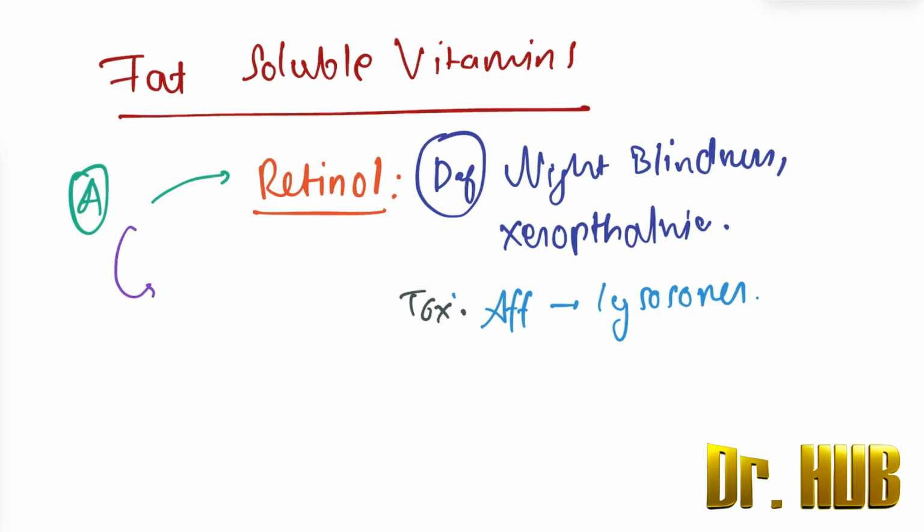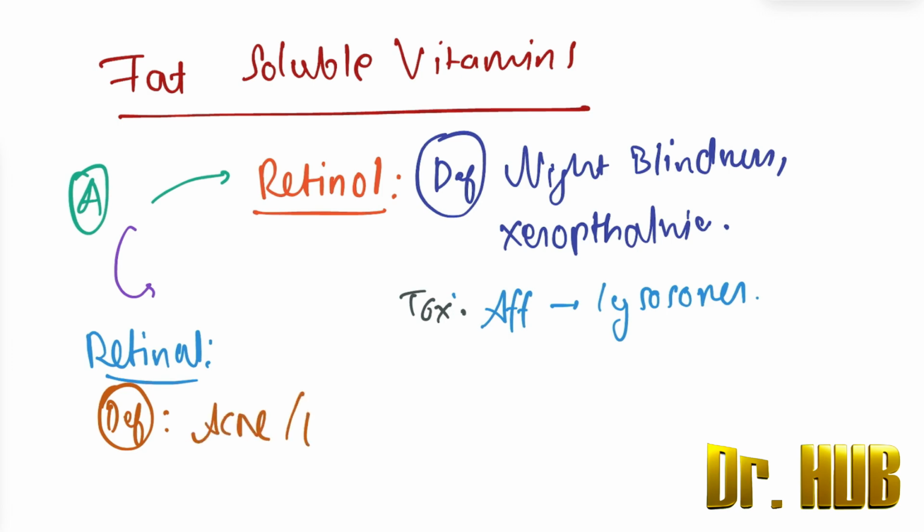Next, we look at retinal. Vitamin A also includes retinal. What is the deficiency causing? In retinal, the deficiency leads to acne as well as psoriasis.